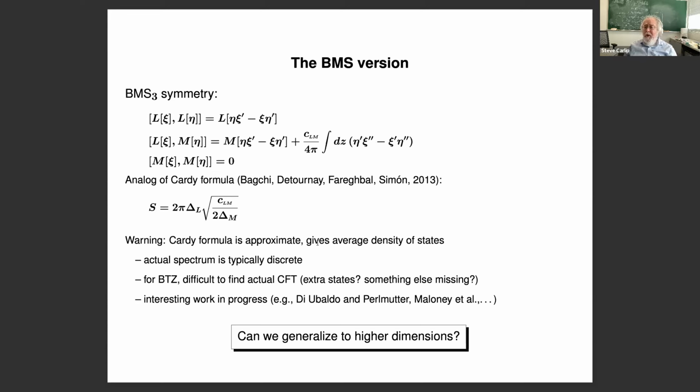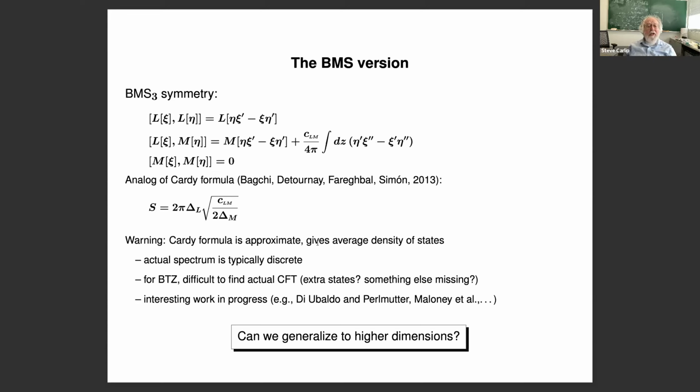BMS, the Bondi-Metzner-Sachs group, is the asymptotic symmetry group of asymptotically flat spacetimes. And this Cardy-like formula was originally discovered in the context of asymptotically flat three-dimensional cosmologies.